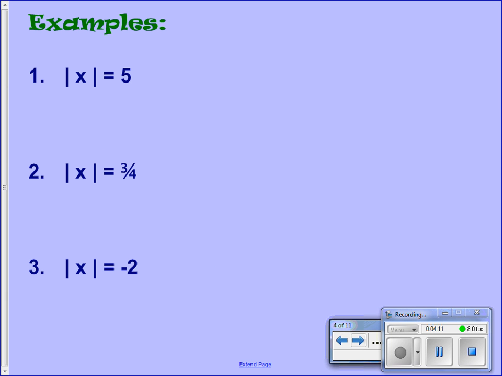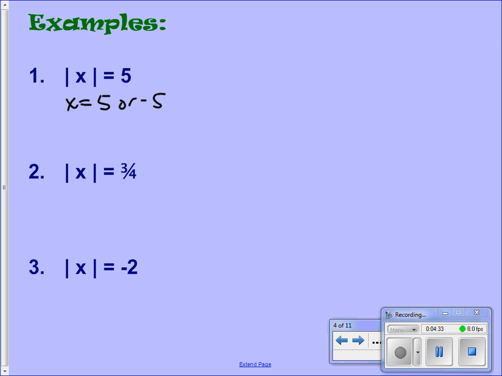Okay, so for example, and I don't think these are in your note-taking guide, but here's what they would be. The absolute value of x equals 5. Well, 5 is a positive answer, so that means x either equals 5 or negative 5. Number 2, the absolute value of x equals 3/4.